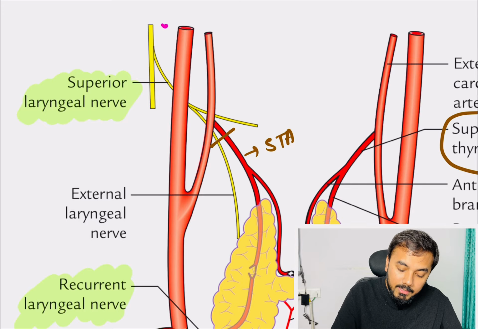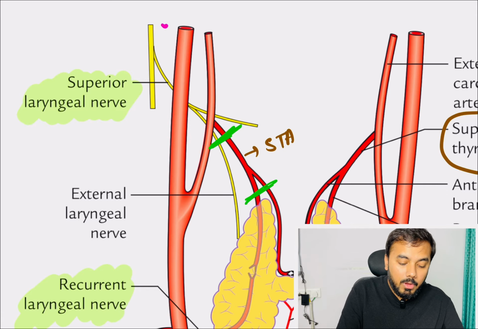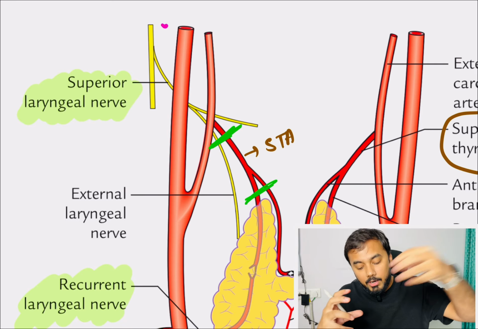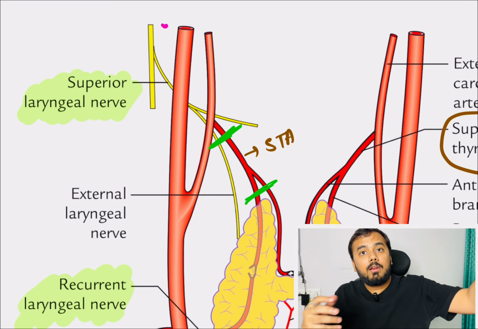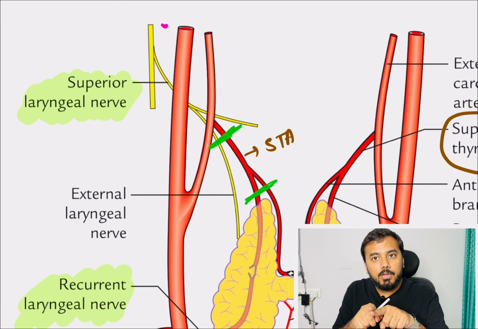Will you clamp at this position, or at this point, or at this part? I am trying to ask you, will you clamp the artery far away from the gland or near to the gland? Because far away, both of them are near to each other. You might injure the external laryngeal nerve, right?